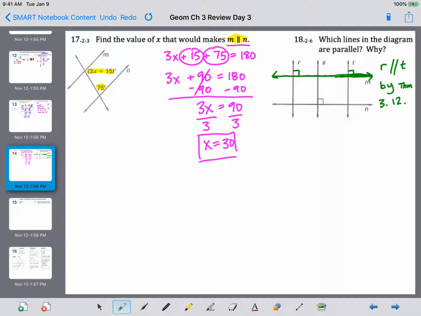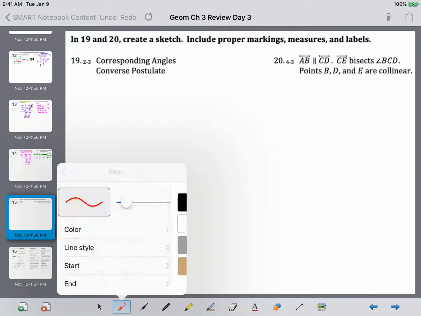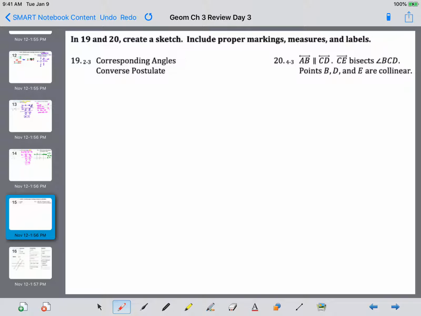Okay. Next, number 19. We're going to create another sketch. The corresponding angles converse postulate. That's going to tell us, it's actually on your blue sheet of Chapter 3 Theorems and Postulates.